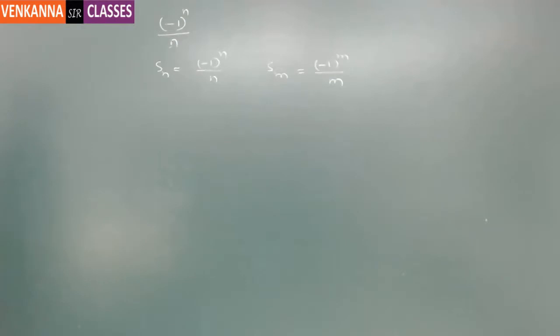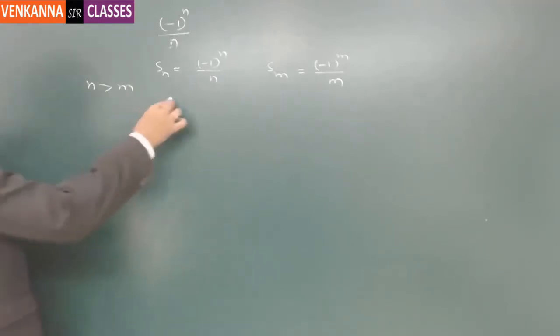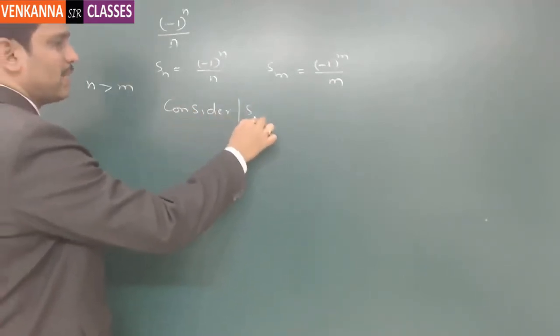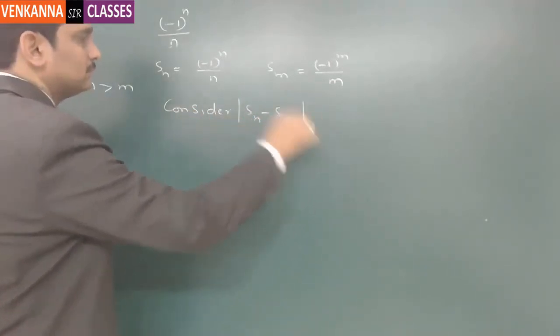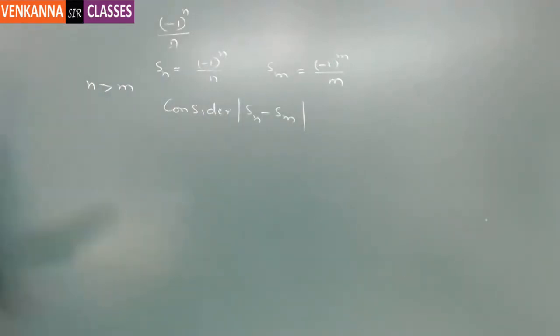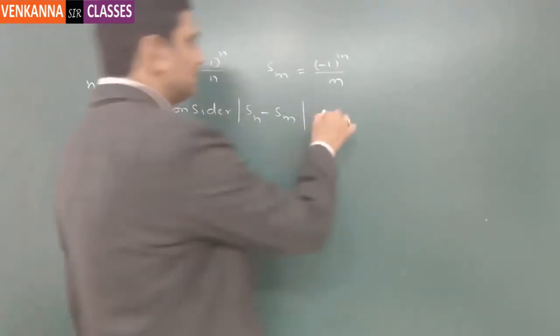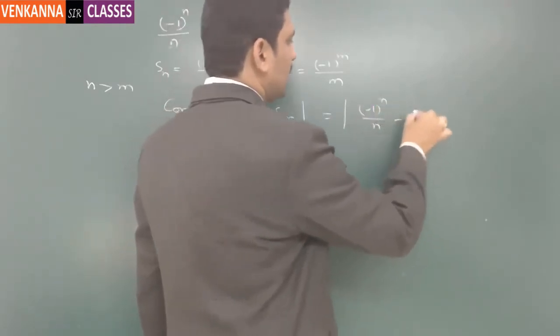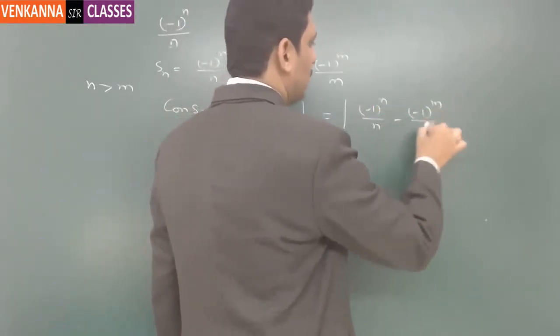Right. Now you assume that n is greater than m and you calculate the difference as usual. So you consider mod Sn minus Sm. So the value is nothing but modulus of -1 whole power n by n minus -1 whole power m by m.